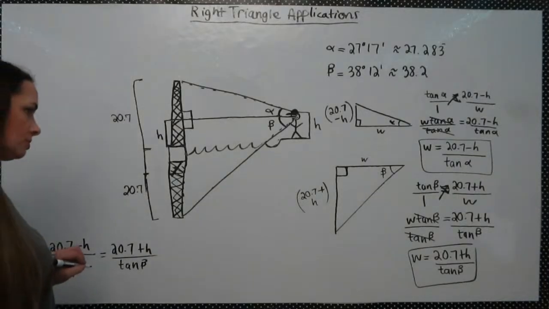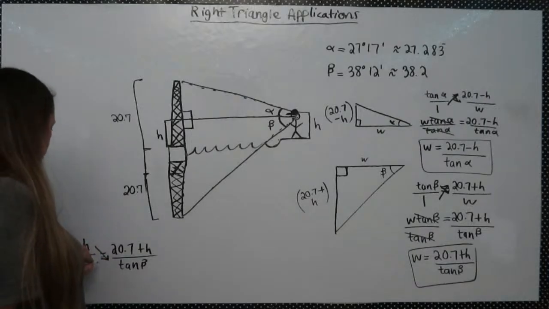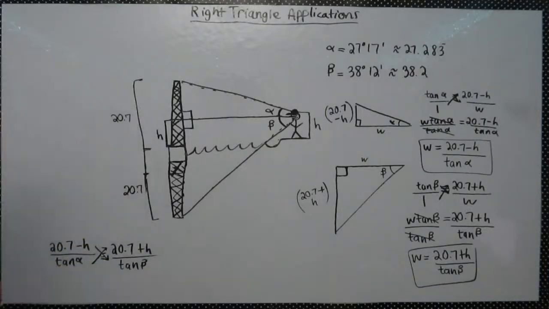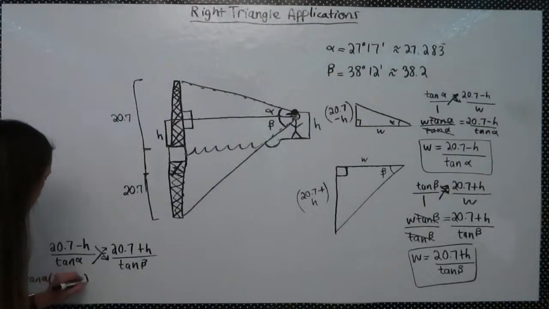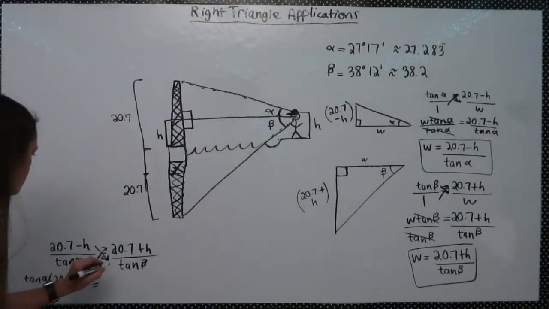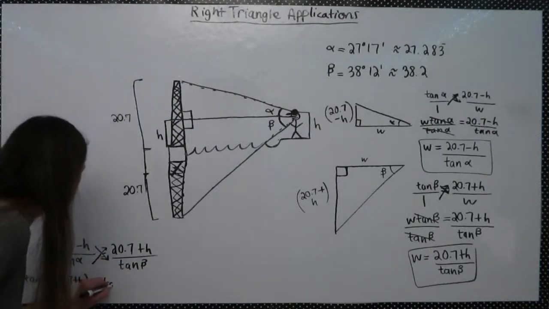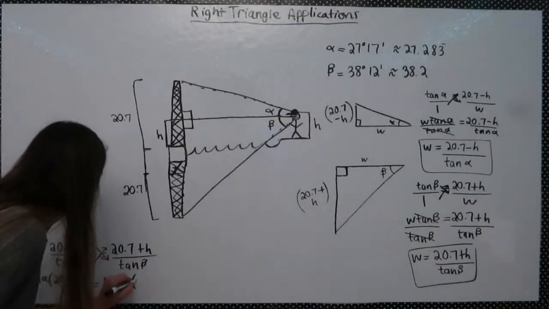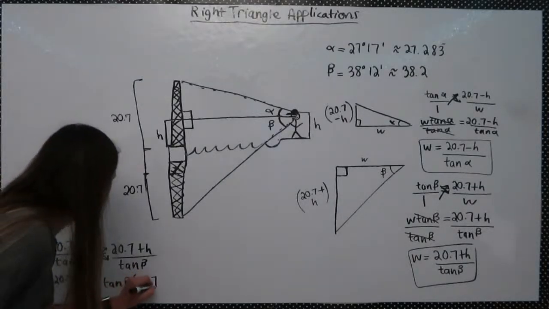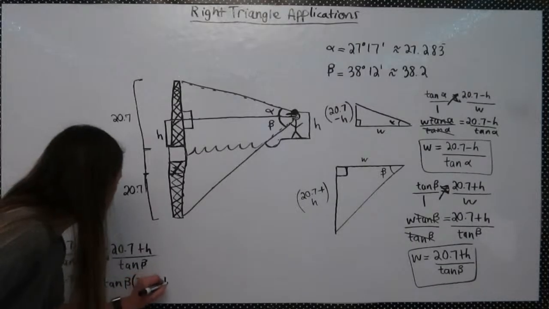Now all I'm going to do is cross multiply. So you're going to end up with tan alpha times 20.7 plus h equals tan beta times 20.7 minus h.